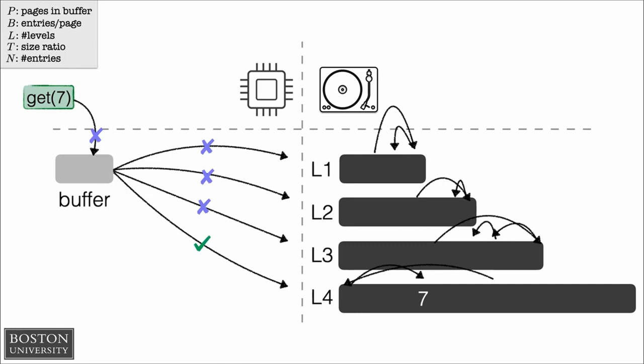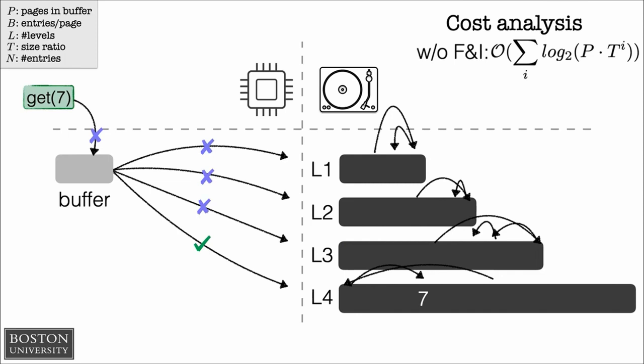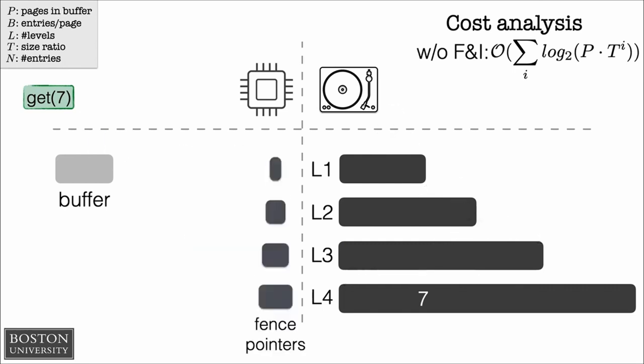So can we do better? Let's see. The first thing is that we can try to avoid this logarithmic search, and this is easily done through a simple thin layer of indexing, typically called fence pointers, which is essentially a zone map. Every level here has a zone map, and it allows us to quickly do the binary search in memory by storing the smallest key per actual storage page that the level has.